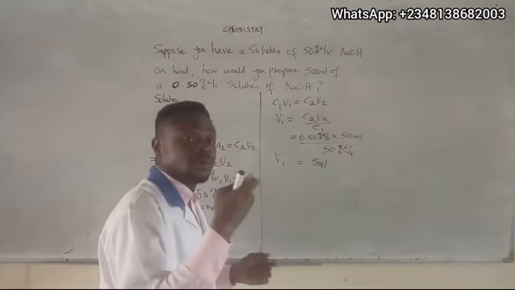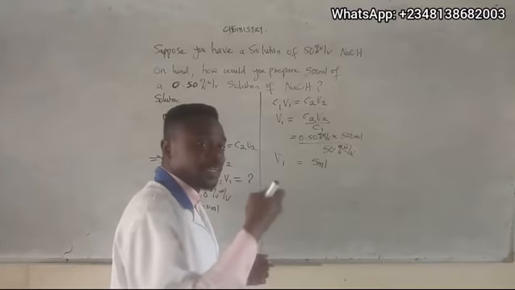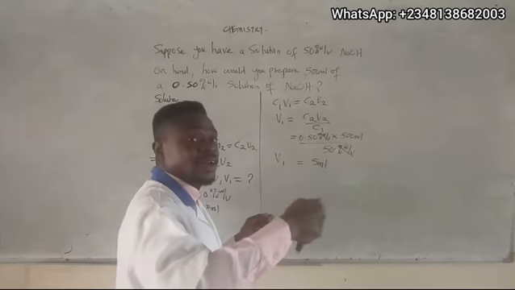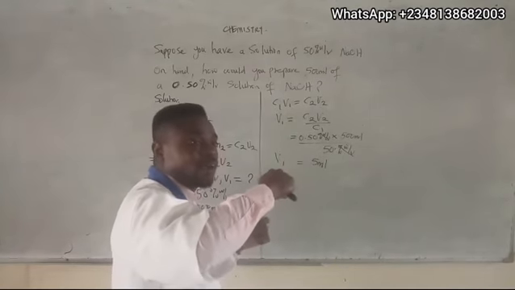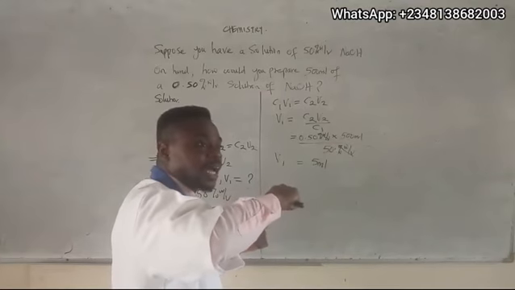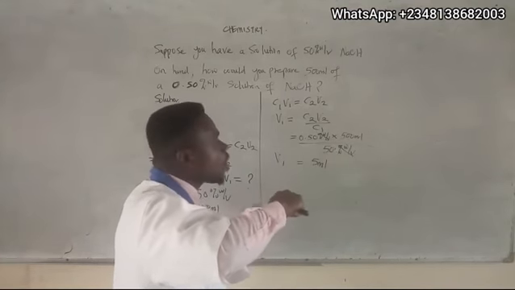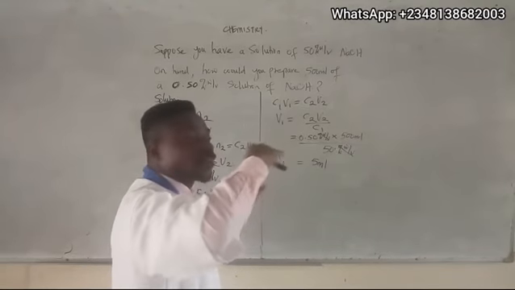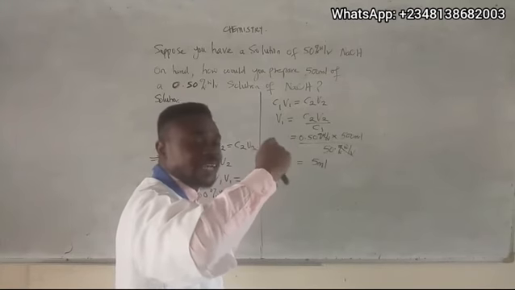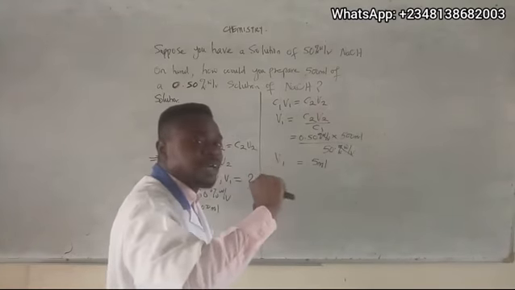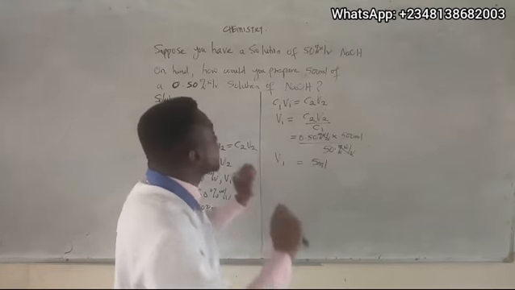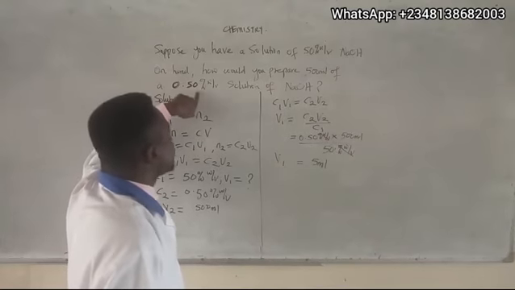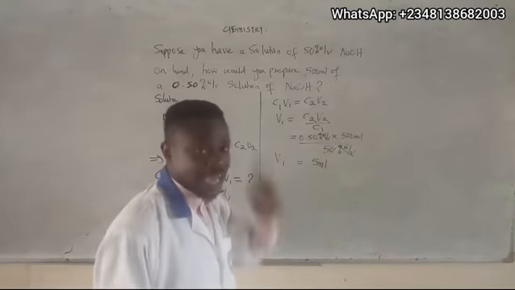You measure 5 ml and put it in a calibrated flask. Then you add water, keep adding water, and as you add, you shake until it gets to the 500 ml mark on the flask. When you get to the 500 ml mark, you stop and shake it. That solution you prepared will have a concentration of 0.50% weight per volume of sodium hydroxide.